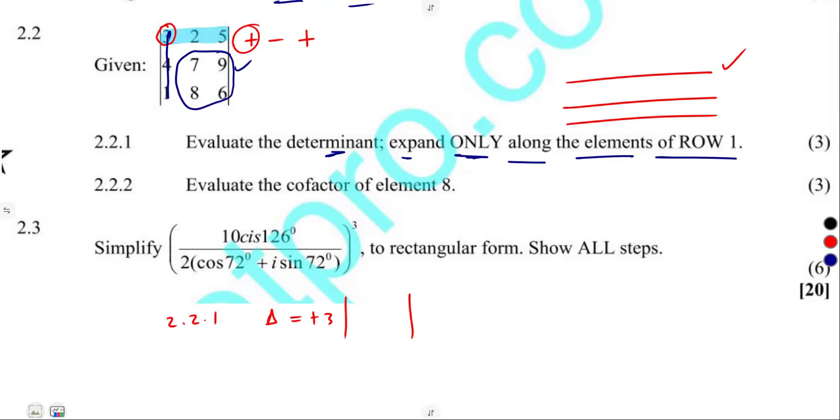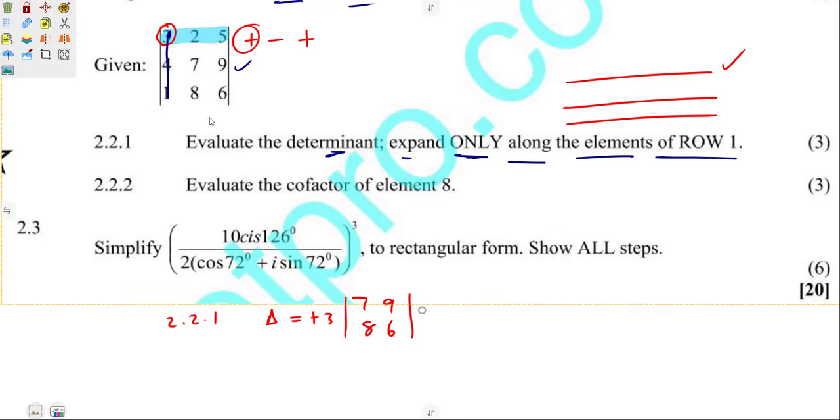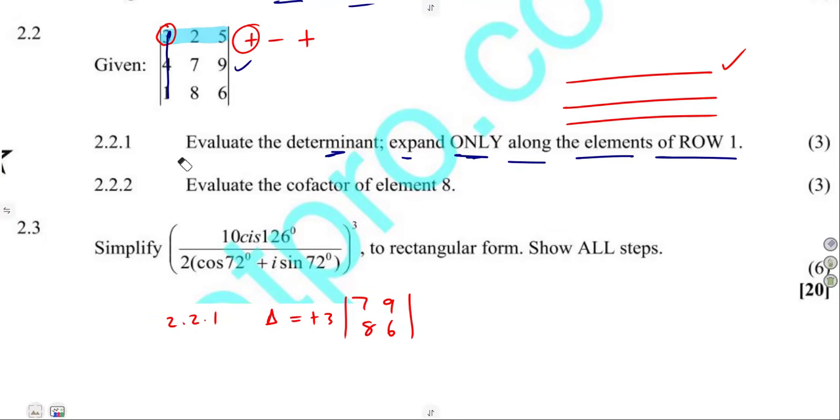This is a 2 by 2 that you're going to remain with. 7, 9, 8, 6. You move on to the next one, in that given row, I mean, the next number is 2. So 2 corresponds with a negative. So that's negative 2.